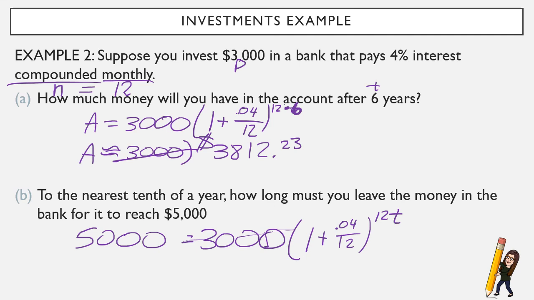All right. So first I'm going to divide both sides by 3,000. That simplifies that down with all those clean zeros, right? We've got 5/3. Let's look at the inside of the parentheses. If I divide and then add 1, it's going to be a crazy repetitive number. So write down as many values as you can, and then you're going to have the 12t still.